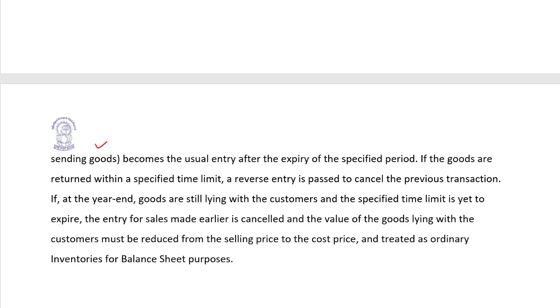Now, the books of accounts close on 31st March year end, and still there are 15 days remaining, from 1st of April to 15th of April, for the customer to give consent for acceptance. In that case, we need to reverse the entry that we passed on 15th of March to sales, and we reverse this entry on 31st of March. Sales account would be debited and debtors will be credited. I believe you understood.